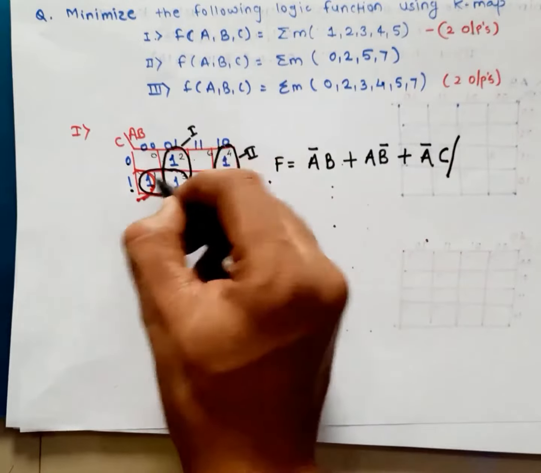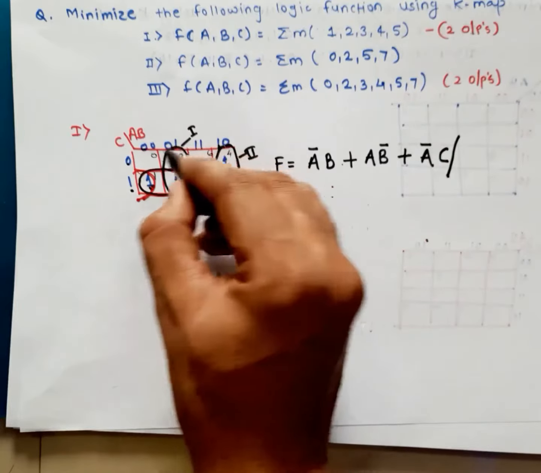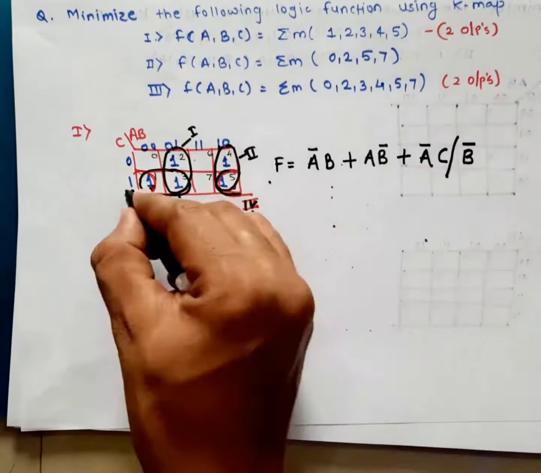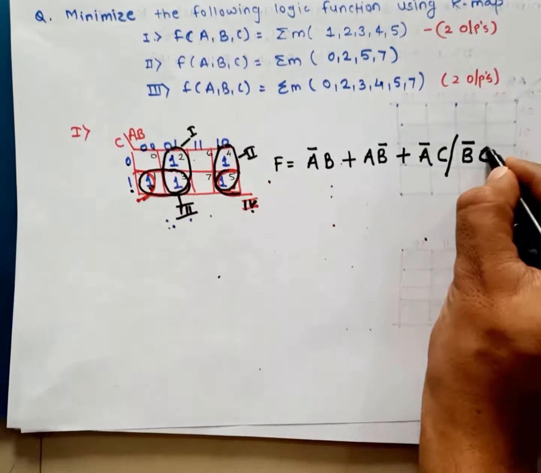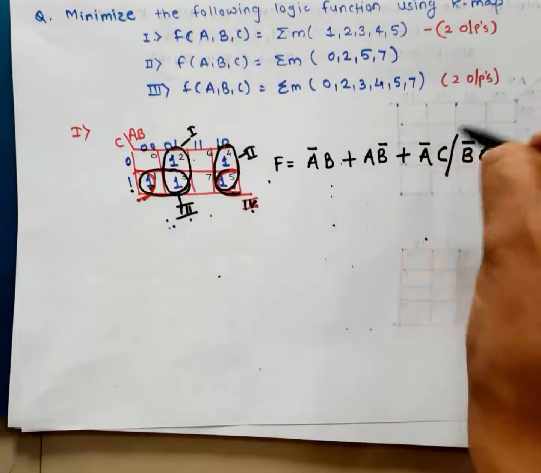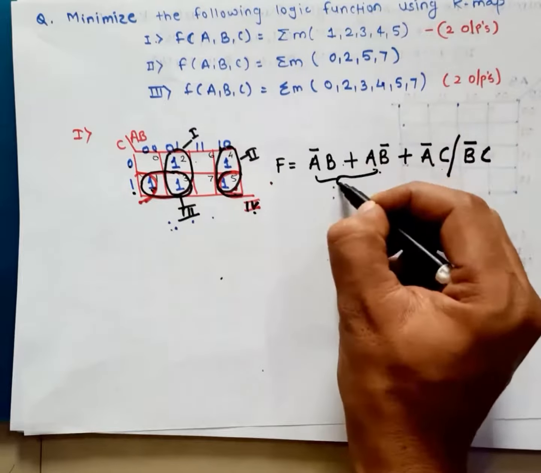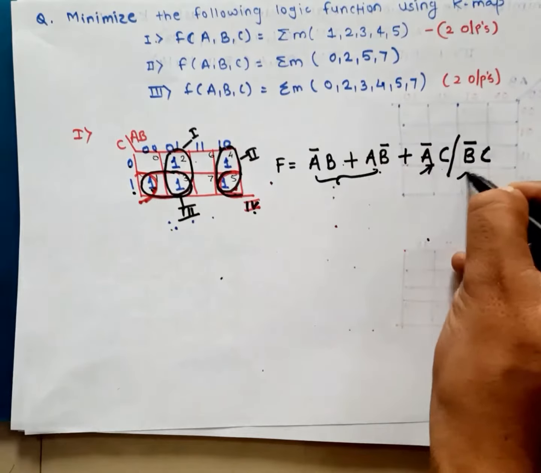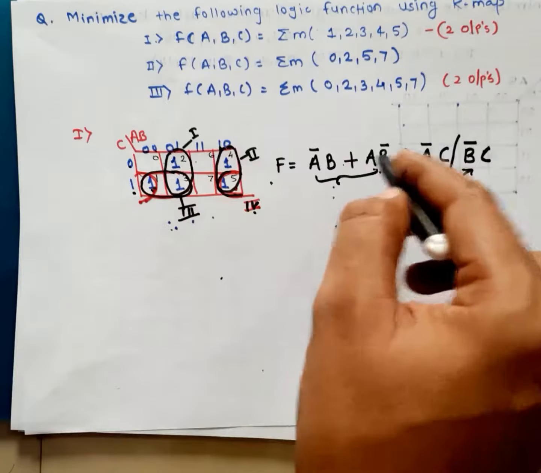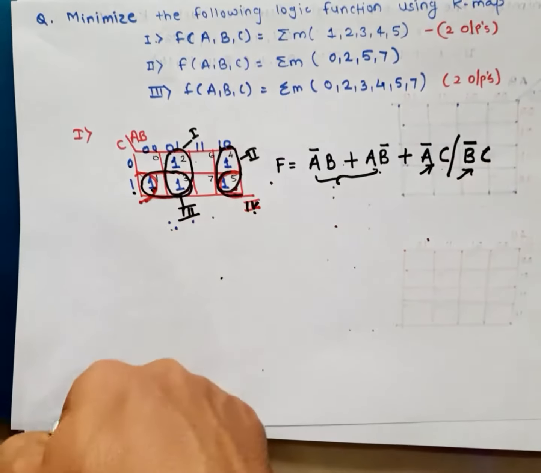For the first column and last column, the value of A is 0 and 1, so it gets eliminated, the value of B is 0, 0, so it's B bar, and the value of C is 1, so it's B bar C. So either you can consider these first three terms or these terms, that's why two outputs, but there could not be a 4th group, only 3 final groups in this equation.